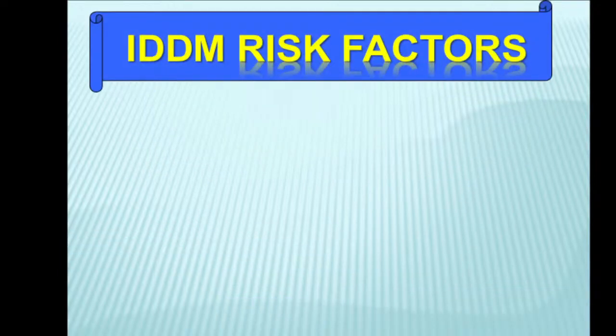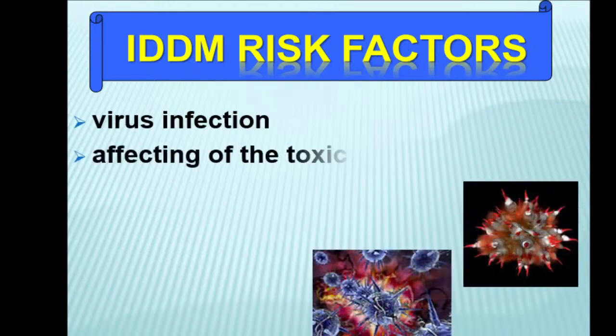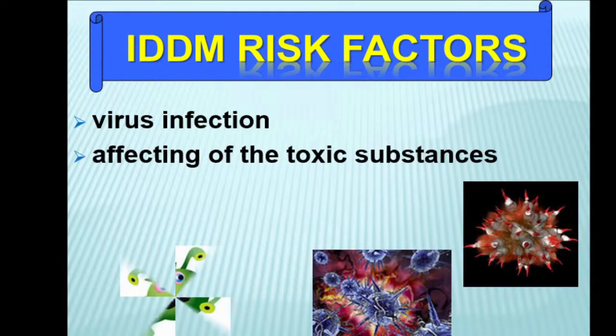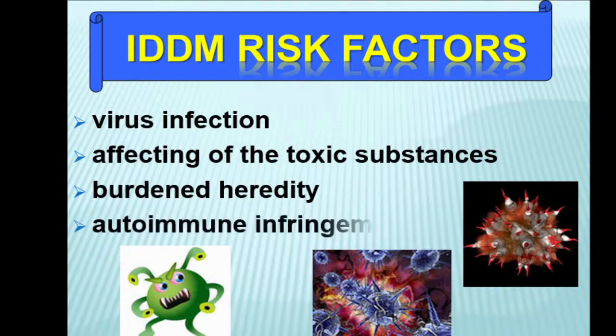Let's stop on risk factors and provoking factors of insulin-dependent, first type diabetes mellitus. First of all, it may be any virus infection or toxic affection of the Langerhans islands, which destroys beta cells, and synthesis of insulin becomes impossible.